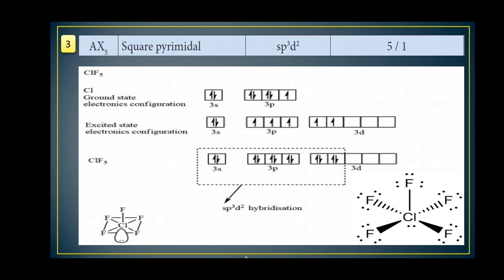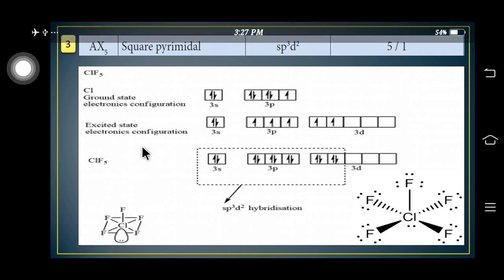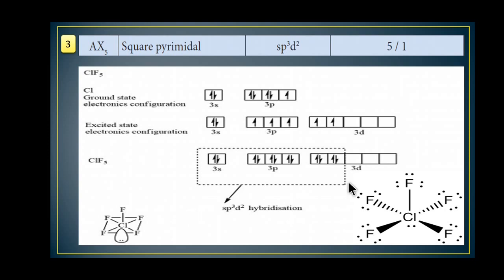So this is the geometrical structure of ClF5. Here the total number of bond pairs is 1, 2, 3, 4, 5. This is the plane of axis, this is a back side bond, this is a front side bond. Once again, this is the plane of axis, this is the front side of the axis, this is the back side bond.